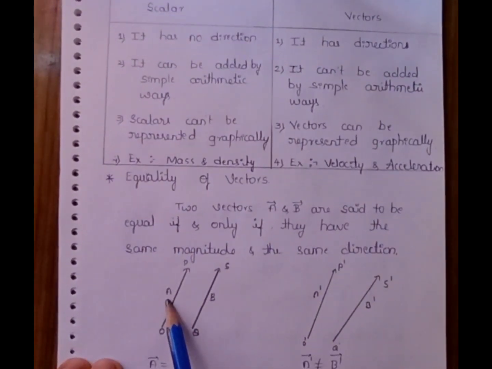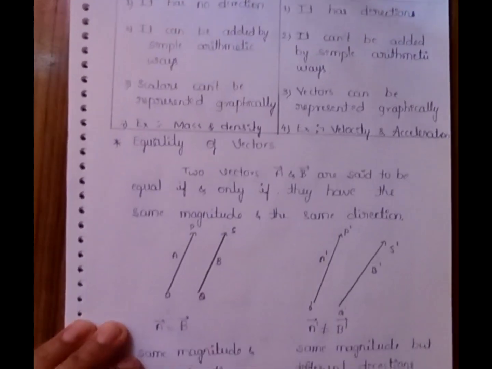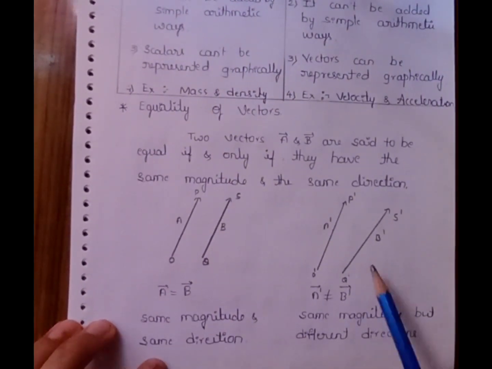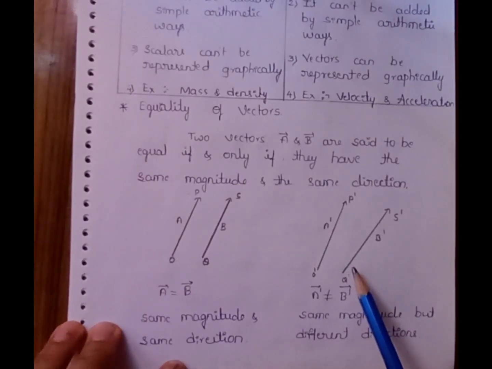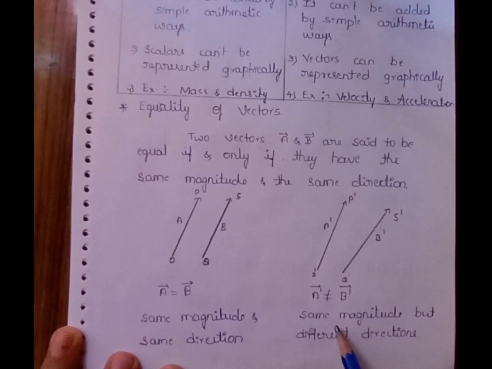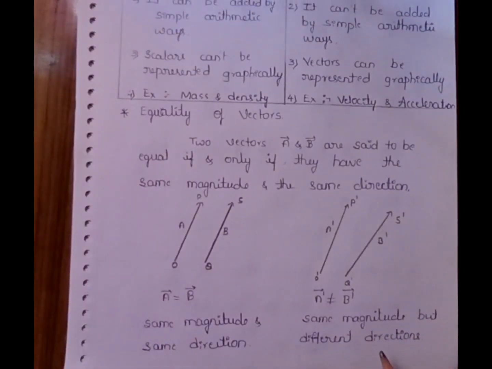So let us consider vector A and vector B, which we can take as equal vectors because they have the same magnitude and same direction. But in this diagram, vector A is not equal to vector B because they have the same magnitude but different directions.